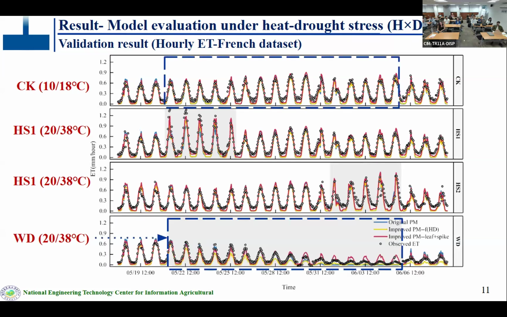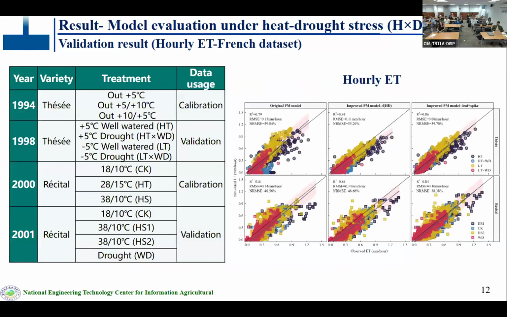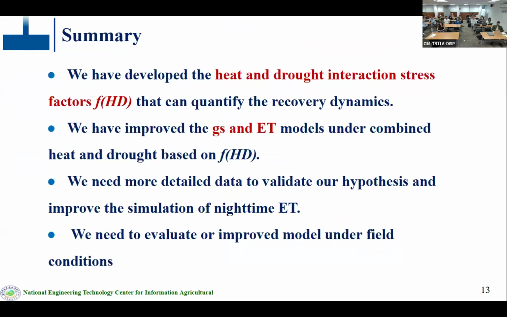And for the drought treatment, yeah, it also works for ET simulation. And this is some detail about our French data, and that figure shows more visually that our newest model shows the highest accuracy for ET simulation.